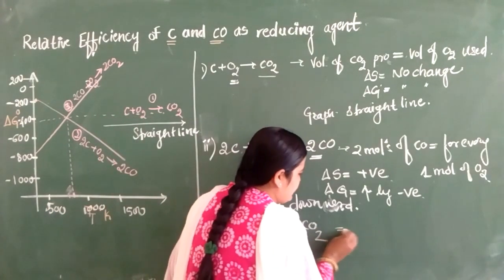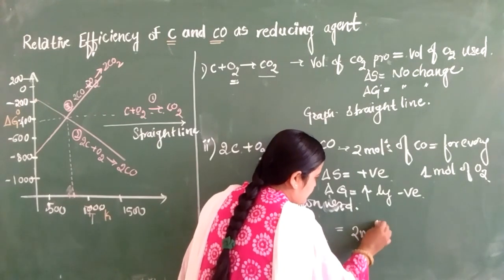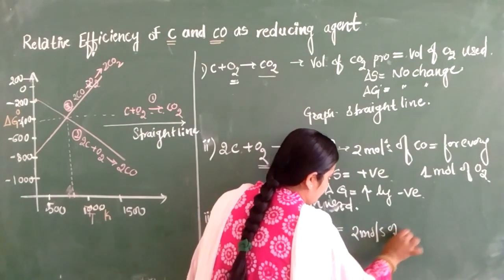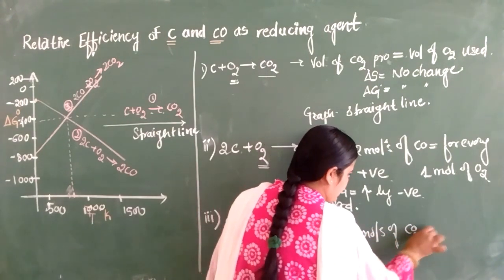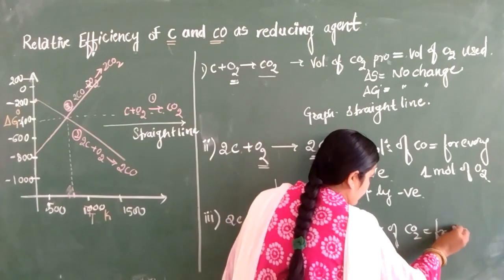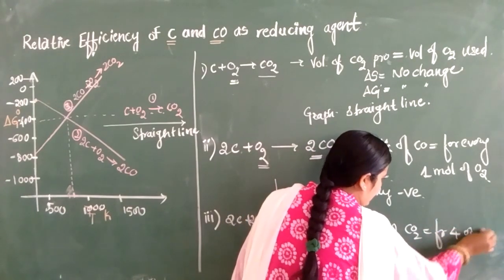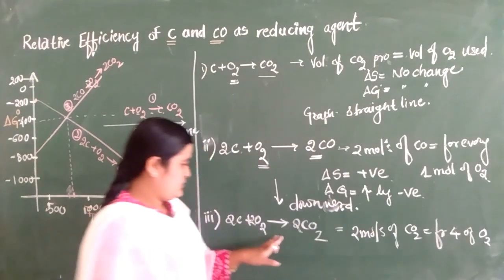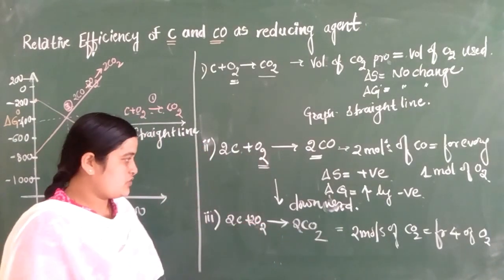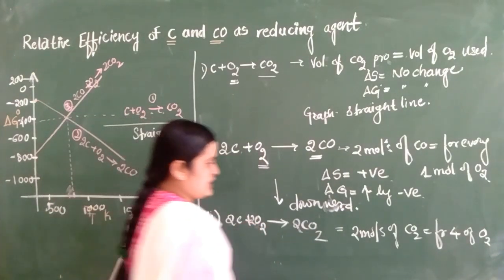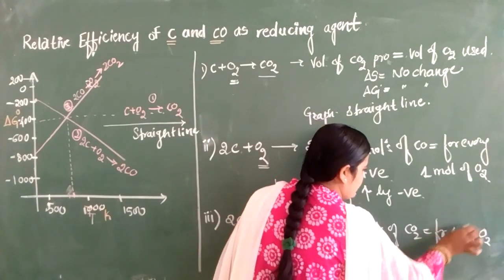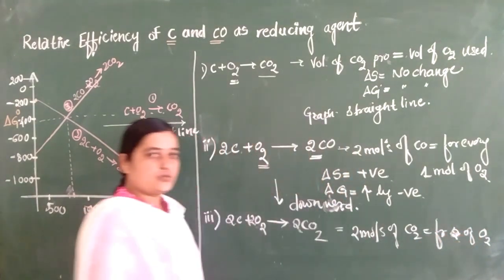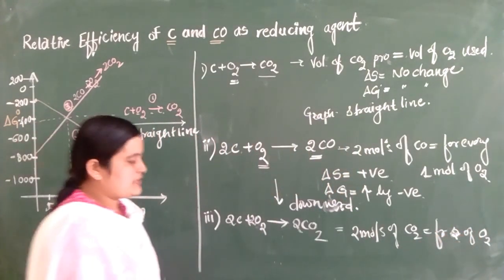So 2 moles of CO2 are formed for every 4 moles of O2, isn't it? Otherwise you can also say for every 2 moles of O2. So what will happen over here?